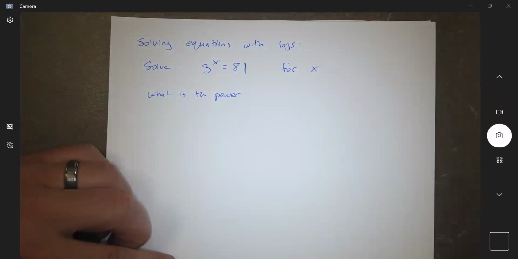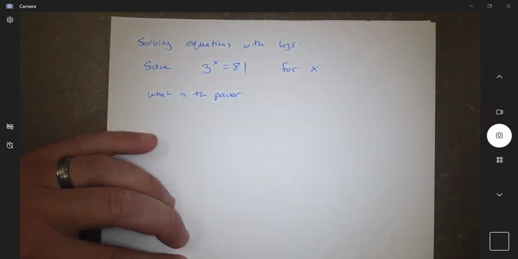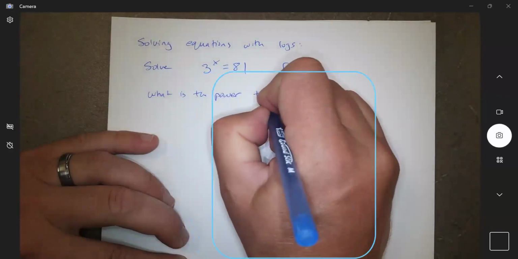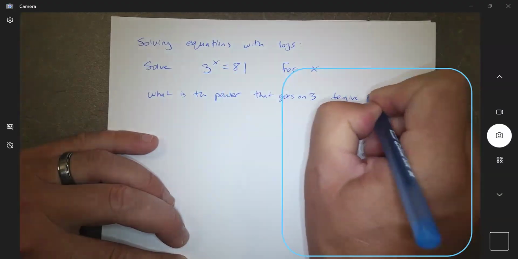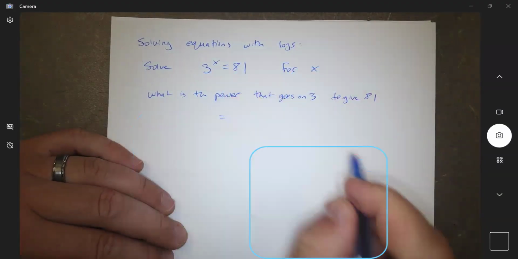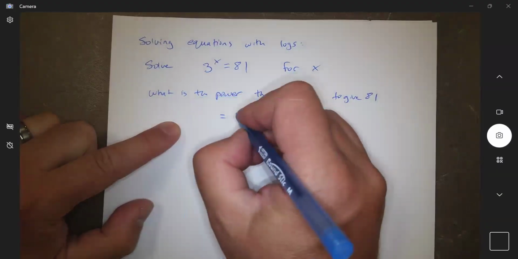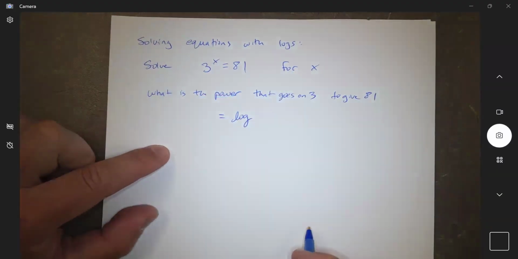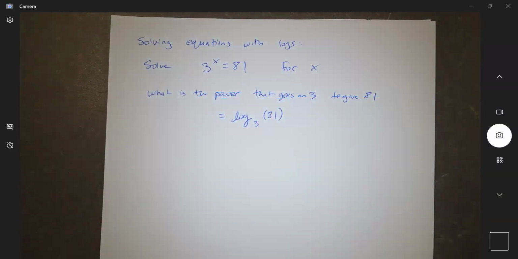Solving for x, I'm asking what is the power? Oh, that's telling me I'm looking for a logarithm. What is the power that goes on 3 to give 81? I can write this as a logarithm, can't I? So there's my log that goes on 3 to give 81.